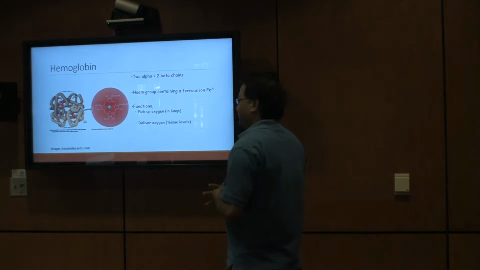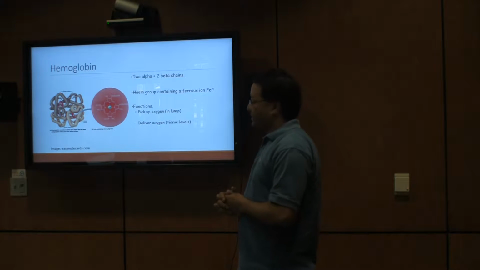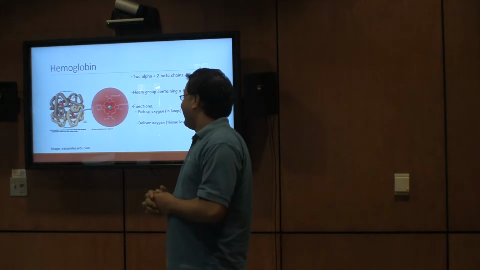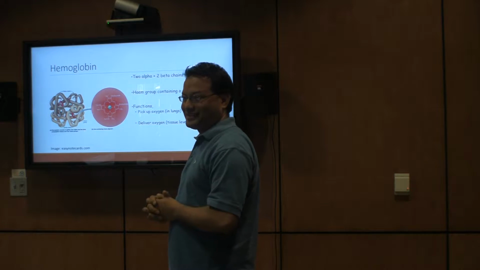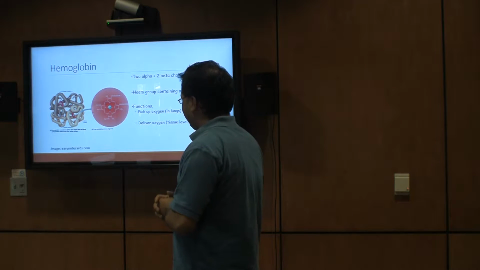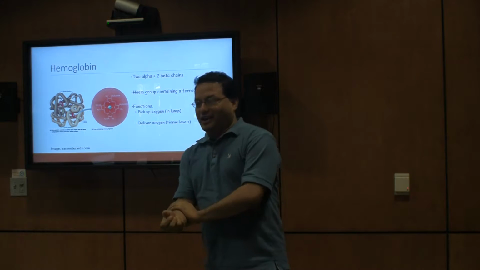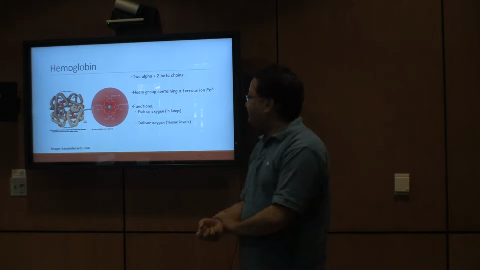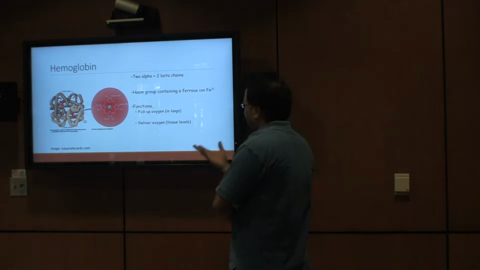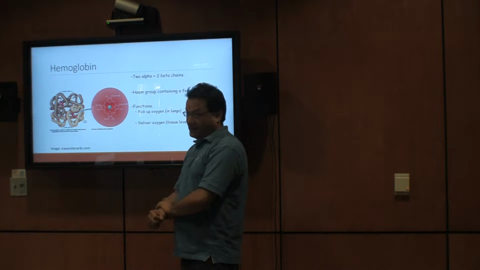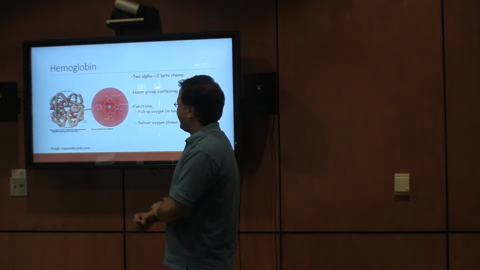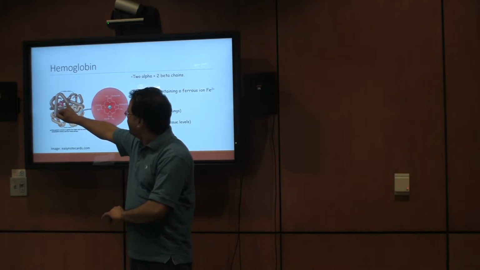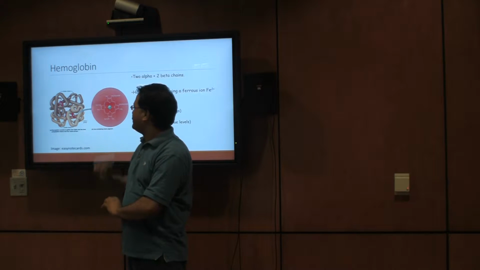Let's talk about hemoglobin. As you can see in the picture, hemoglobin is a complicated structure. Hemoglobin runs in our blood attached to red blood cells. Hemoglobin has, I hope you can see, 2 alpha and 2 beta chains.